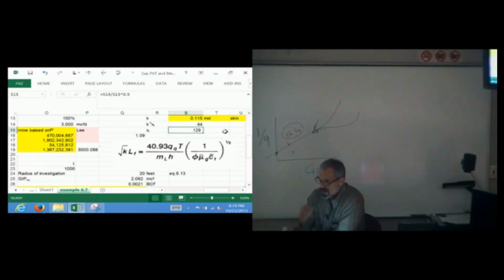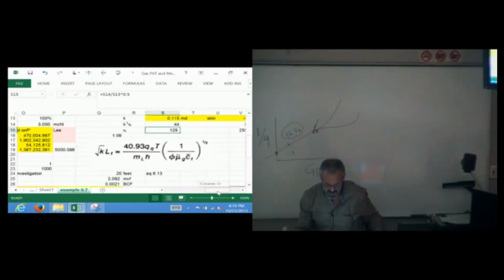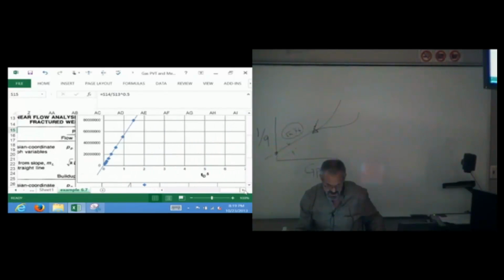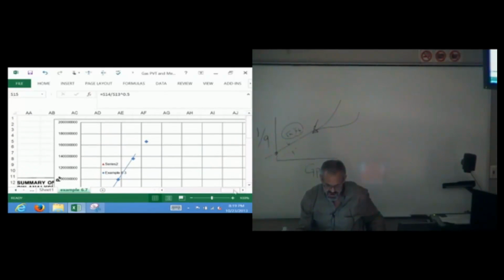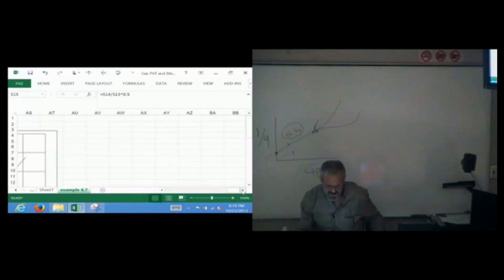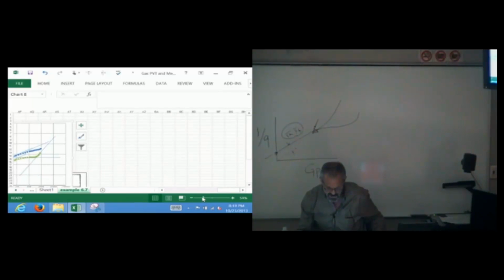I haven't calculated my drainage area. But what I would do there is, let's do it using our type curve. Instead of using our radius of investigation, let's utilize our type curve. We have our Gringarten type curve.